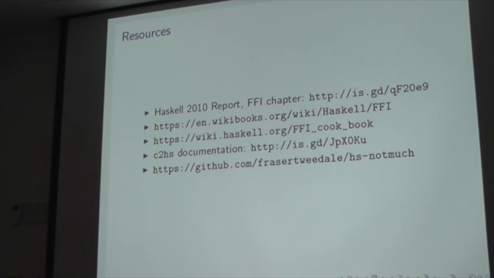That documentation is pretty comprehensive. There are a lot of options to the directives, like the enum directive, the pointer directive, and the call directive, that I didn't cover this evening. So if you are going to use the FFI and use C2HS, I encourage you to read that in full. And that's my not much library.